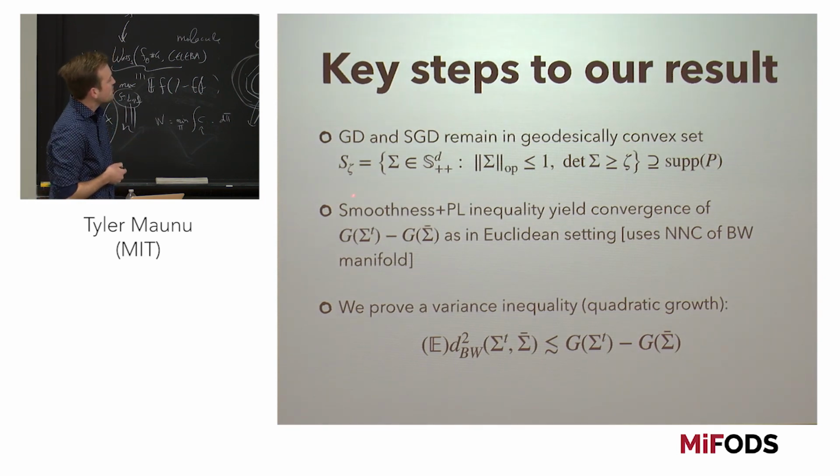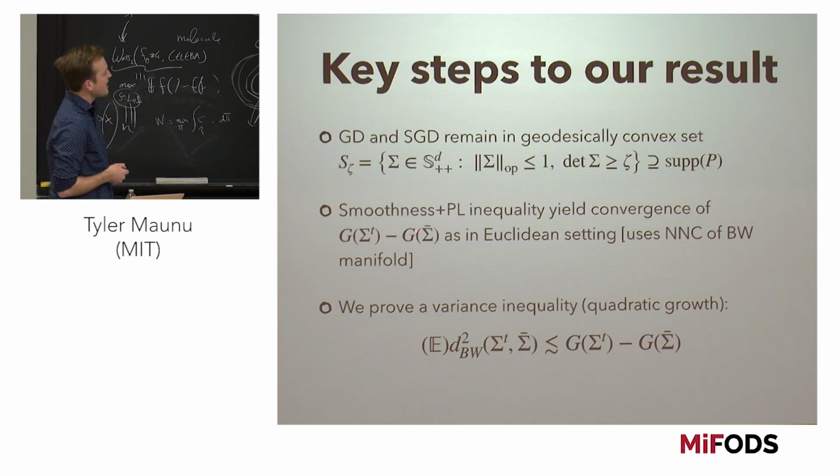But we're able to prove also smoothness and a PL inequality, which yields convergence of this sequence, which is the difference in function values from the optimum, in the same way as in the Euclidean setting. And these proofs use this non-negative curvature of the Bures-Wasserstein manifold in a very particular way.